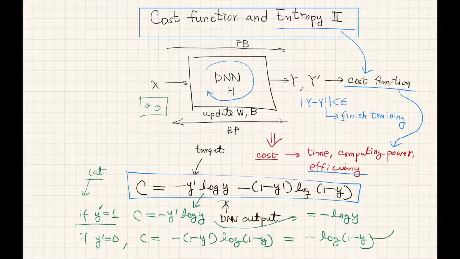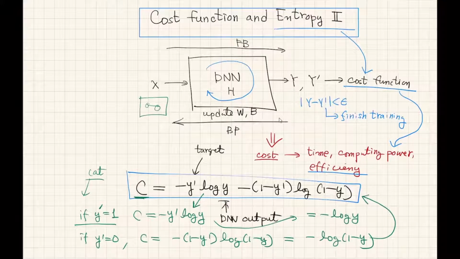So this second term is the dominant term to determine this cost. So in a sense, this entropy cost function is a balanced cost function when y dash is equal to 1, and the other case is y dash is equal to 0.